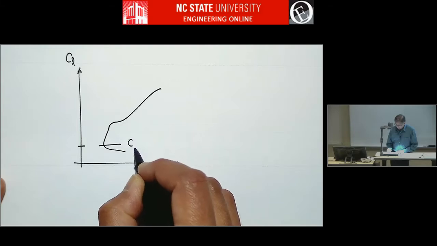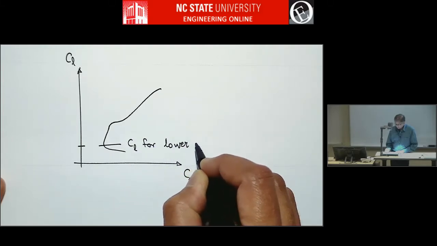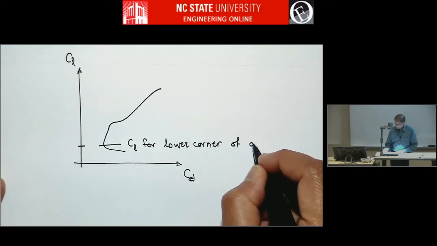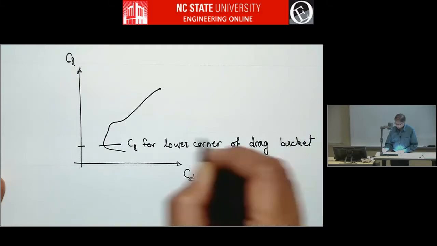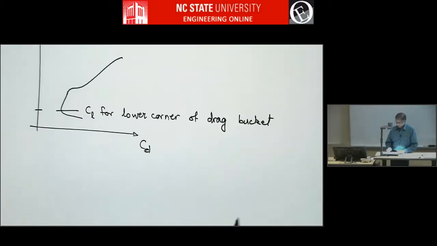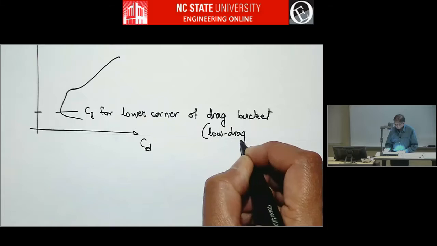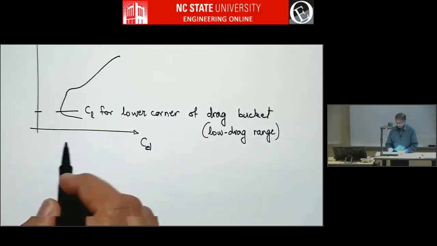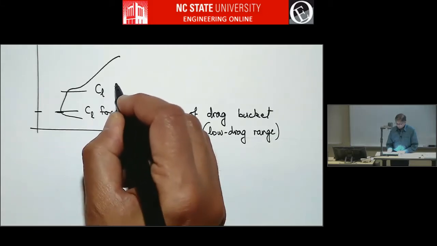So this is the CL for the lower corner of the drag bucket. Remember, this is called a drag bucket because if you look at it like this, it's a bucket, right? Or it's sometimes called the low drag range. This is the range of lift coefficients where you get low drag, and this is the lower corner, and this is the upper corner.